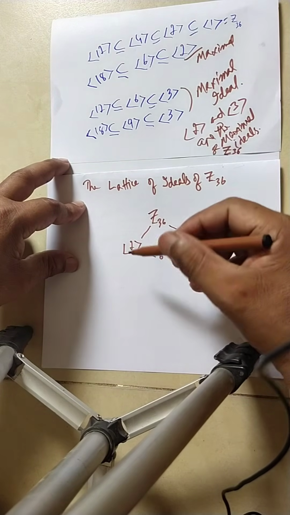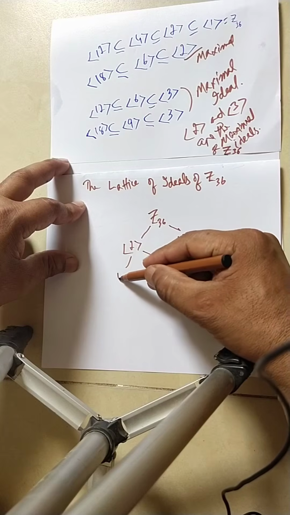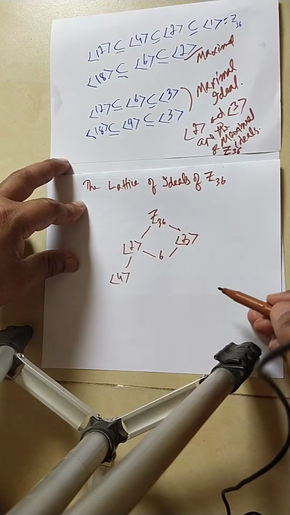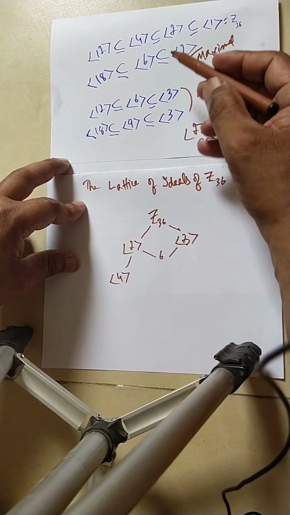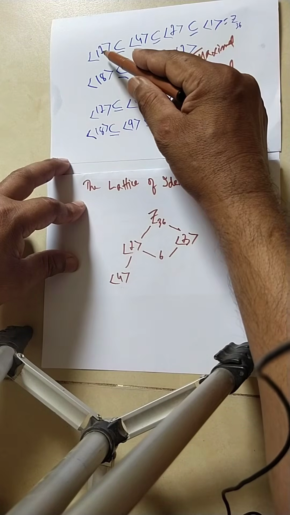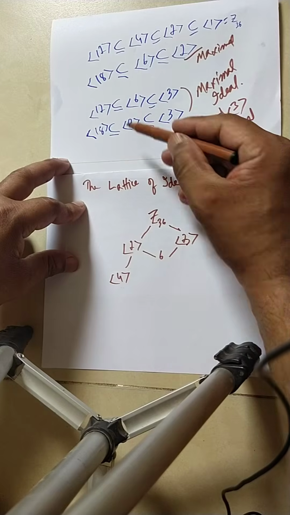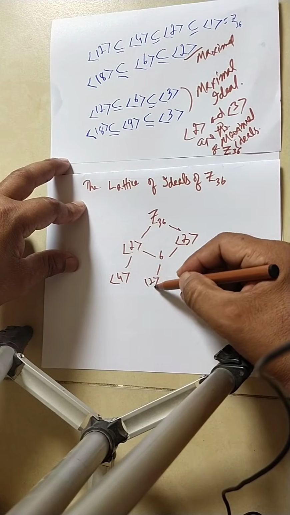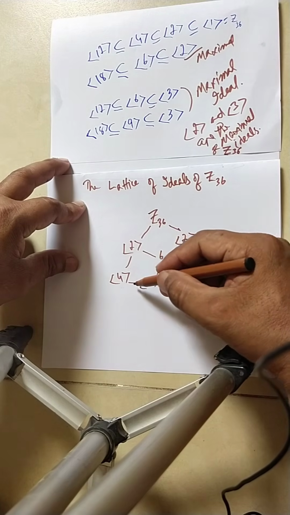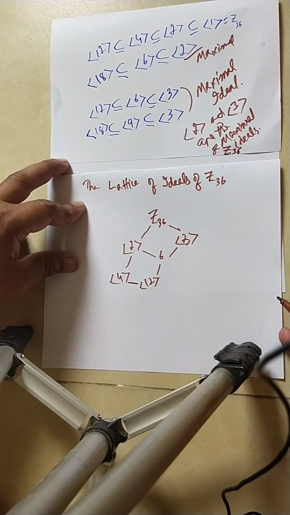But 4 is contained in ideal 2 only. This is 4. Further, 12 is contained in ideal 4 and ideal 6. 6 contains ideal 12, and 4 also contains ideal 12.